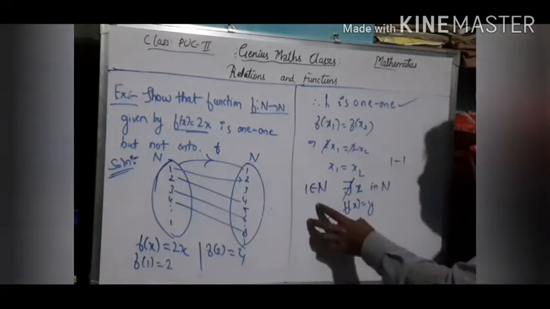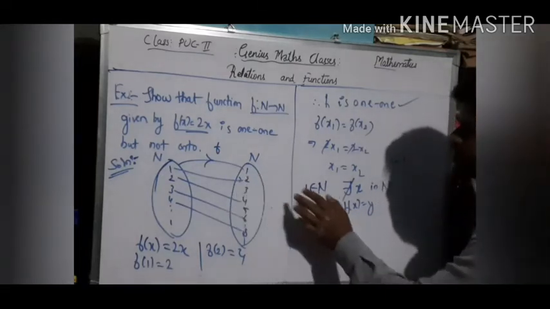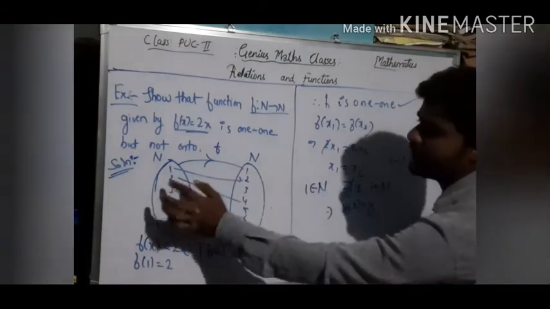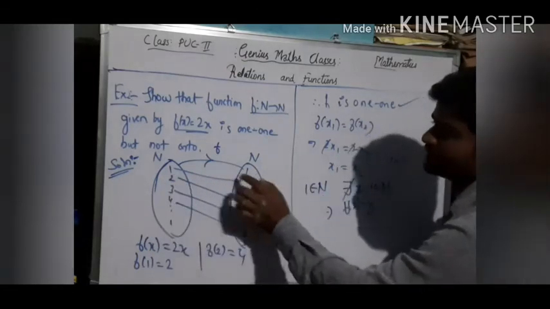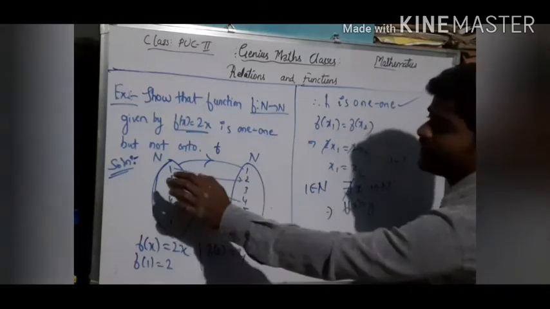Why is it not onto? If you observe here, 1 doesn't have a pre-image in the domain.